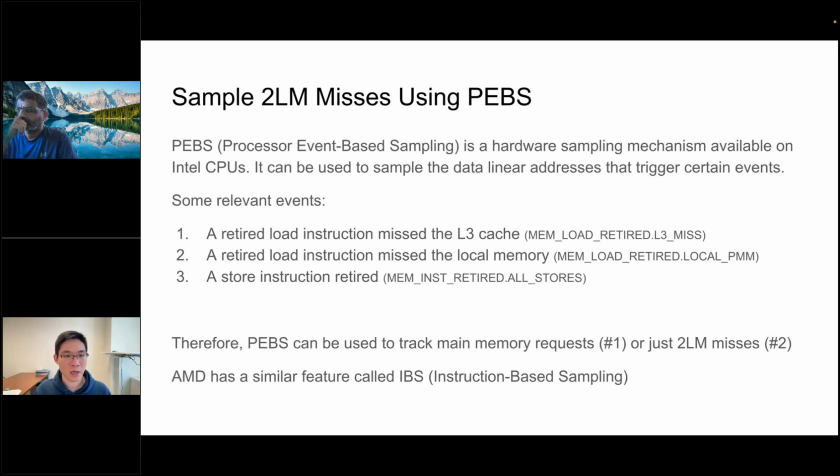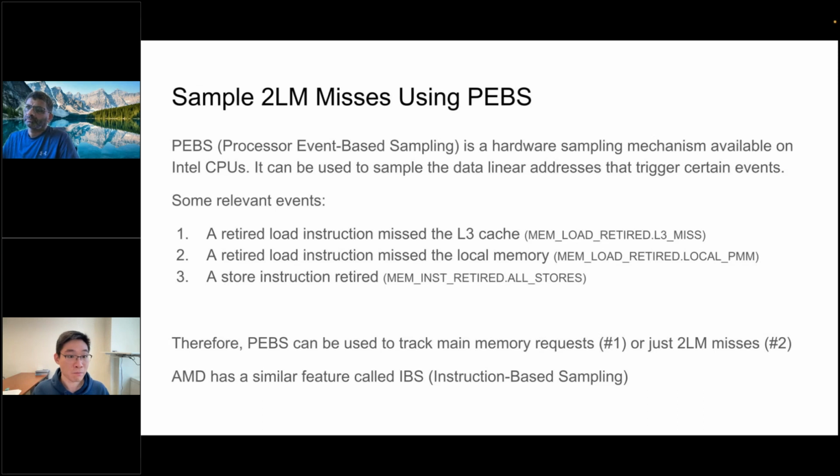Or we can sample the retired load instructions that missed the local memory. In that case, we can actually know which data linear address caused DRAM misses and caused access to the slow tier. Or we can just simply sample any retired load instruction.